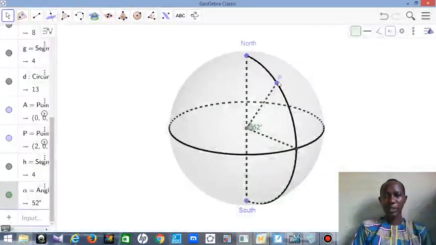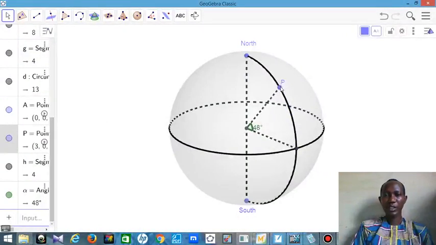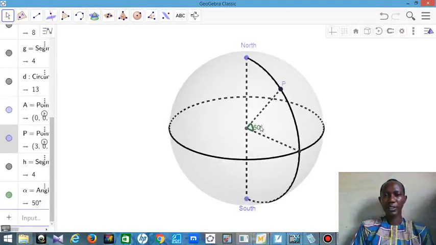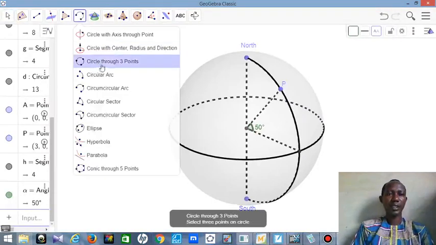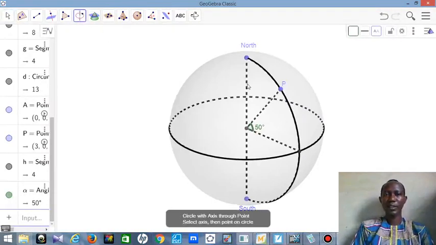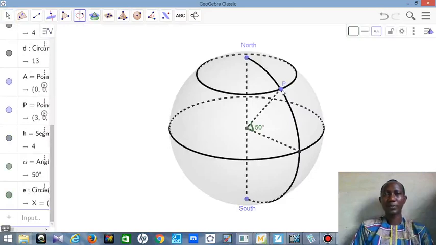That means from 0 you move up to 50 degrees north. You can see the angle, 50 degrees north. Okay, that is it. Then let's put the circle there so that we can view it well. The latitude circle. So this is the circle of latitude.